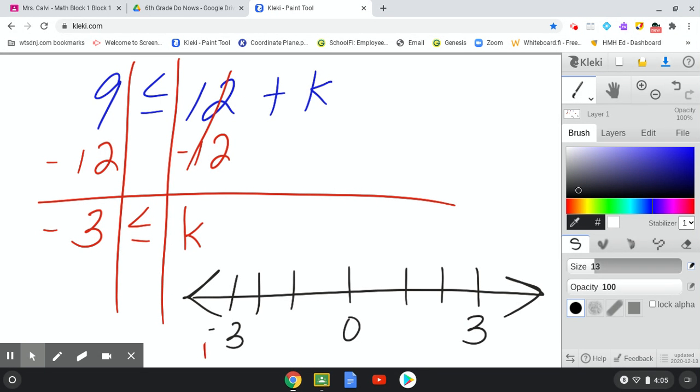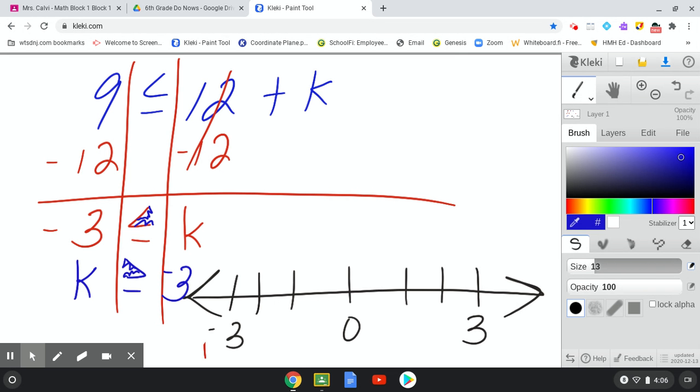So this reads -3 is less than or equal to k. So if I change it so my variable is on the left side, it has to read k is greater than or equal to -3. So here, the alligator's mouth is open to the k. Here, the alligator's mouth is still open to the k. Okay, so I know I rewrote it correctly.